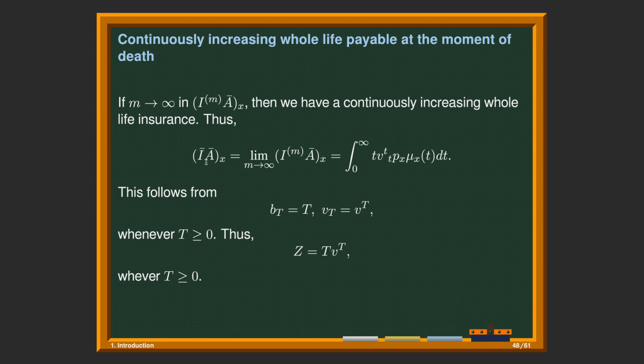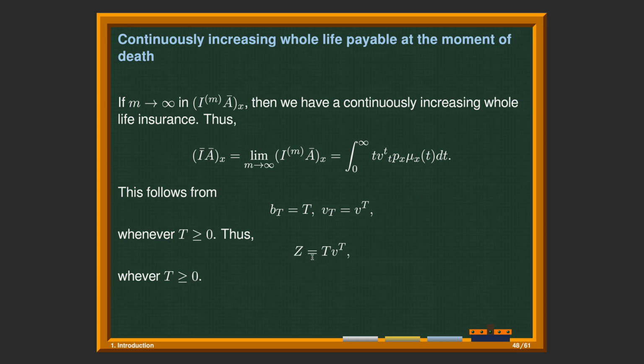So there is a bar also on I to denote that it is continuously increasing. And it actually means the following: the size of the benefit if death occurs at time t is t, and so the discount factor will be v to the t.